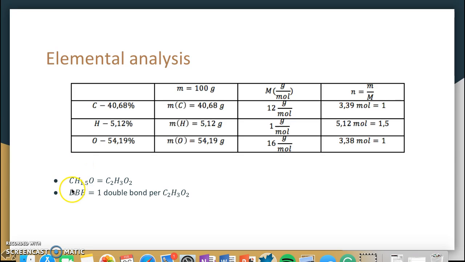Since we can't use CH1.5O, we had to multiply it by 2. So we got the formula C2H3O2, and then we could calculate the double bond equivalence. After the calculation, we saw that there will be one double bond per C2H3O2.